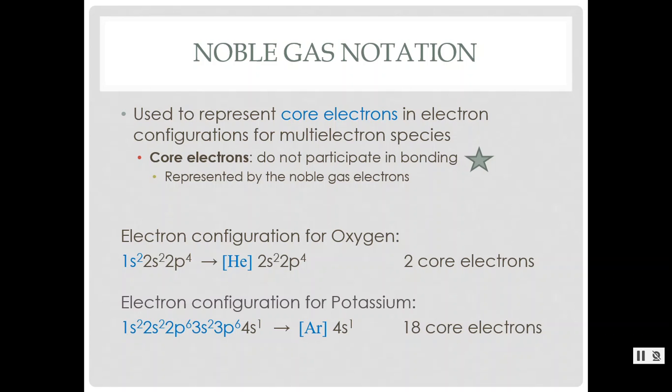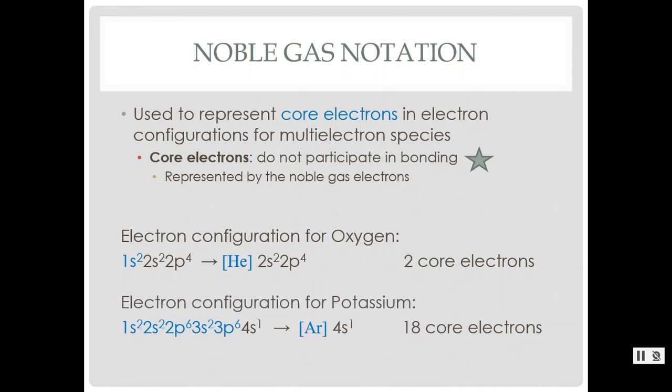If you want to think about an electron configuration as synonymous to an address for a particular electron, where you actually write out the words street and avenue and court and place, parts that are part of an address, think about this noble gas notation as like doing abbreviations for those longer words.